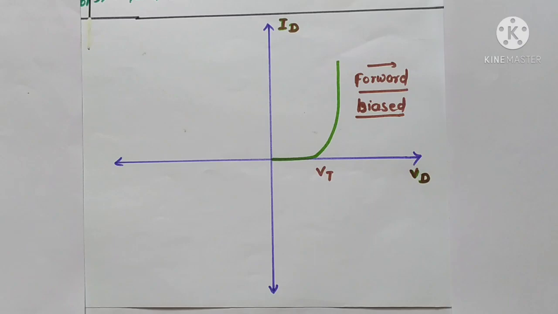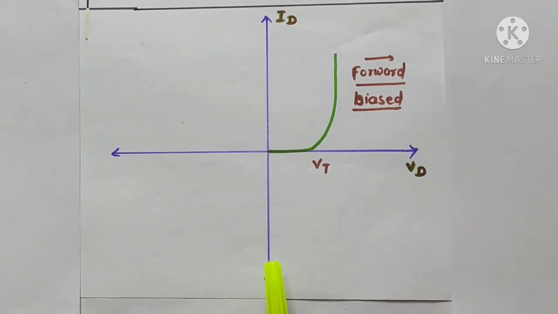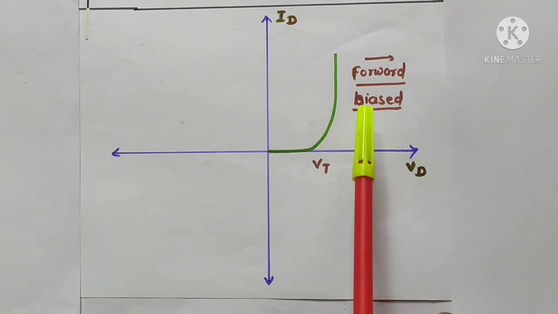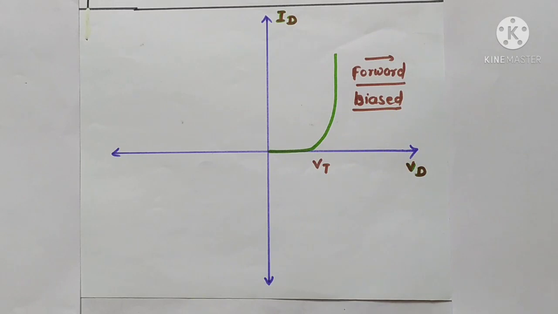Okay students, this diagram shows the IV characteristics of the forward bias condition of a semiconductor diode. Students, suppose this is a silicon semiconductor material. So in the forward bias condition, as the voltage across the diode reaches 0.7 volt, at that time the current suddenly goes on increasing.